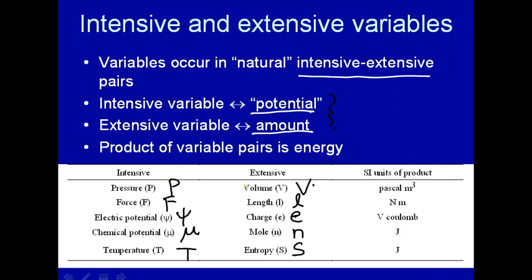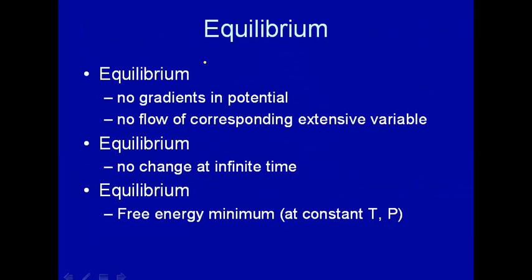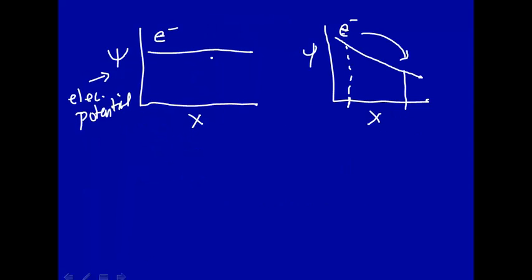All right, so let's go to the next slide here. Let's talk a little qualitatively about equilibrium. We'll have more quantitative definition later on. We just talked about no gradients in potential, and therefore no flow of corresponding extensive variable. So here we did it for electric potential.